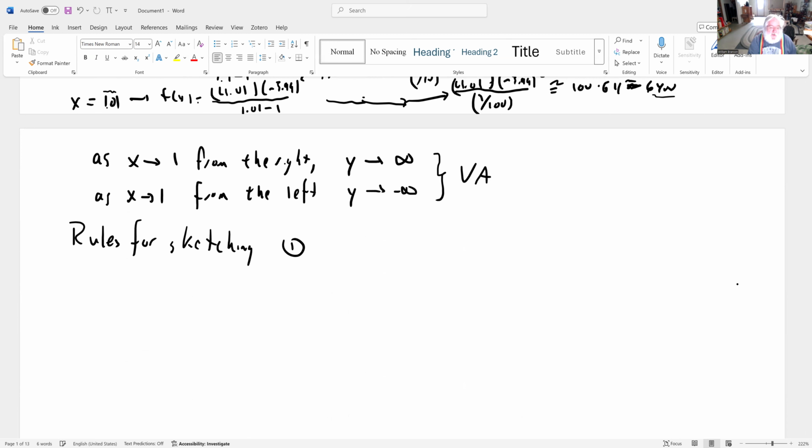First rule, you can only cross the x-axis, you can even touch the x-axis, at x-intercepts.